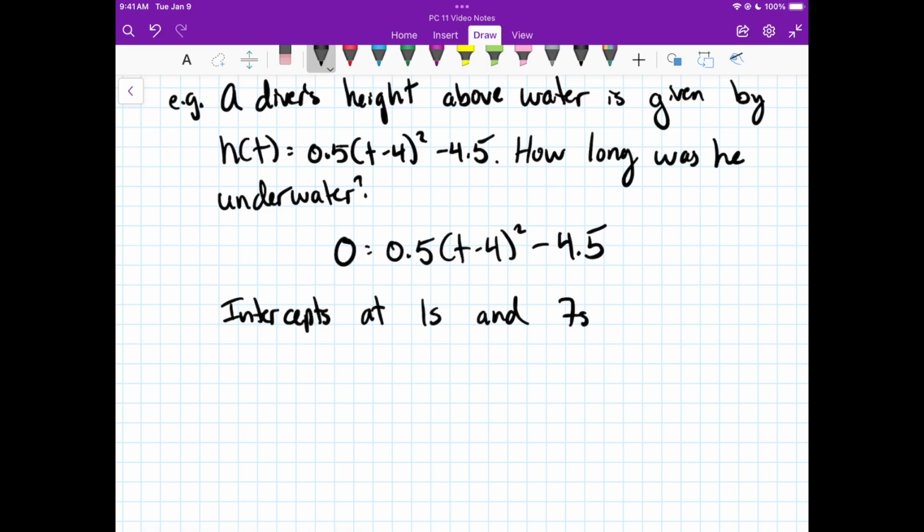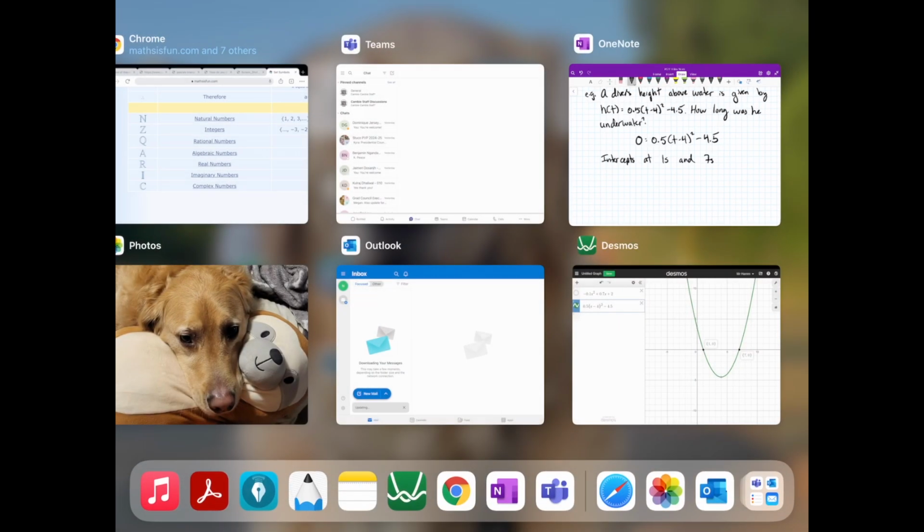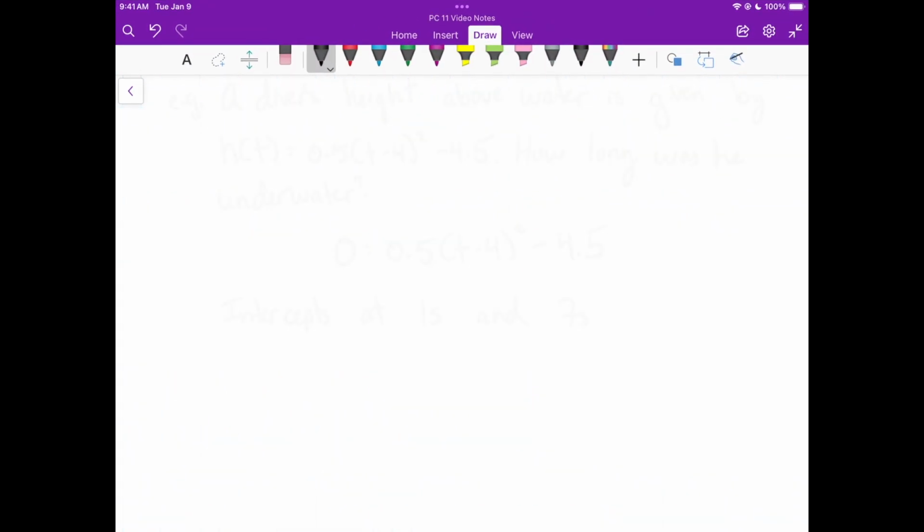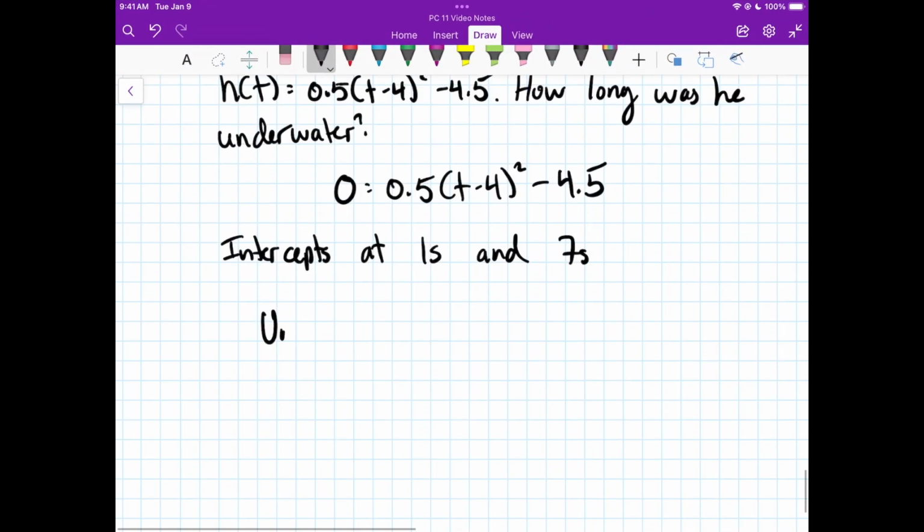When you're doing any sort of application, it's up to you to interpret what exactly is being asked for. In this case, we don't want to just pick one or the other, or both of these even. Underwater is between when you go through the water and when you come back out of the water. So in this case, if you go down at 1 and you come back up at 7, you were underwater for 6 seconds.